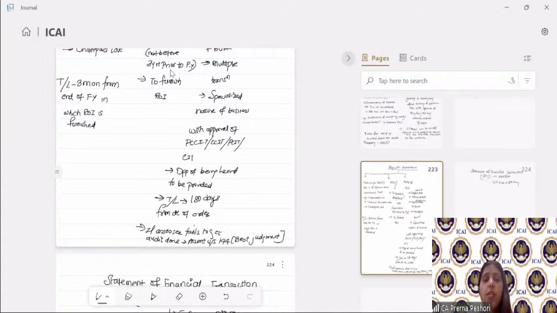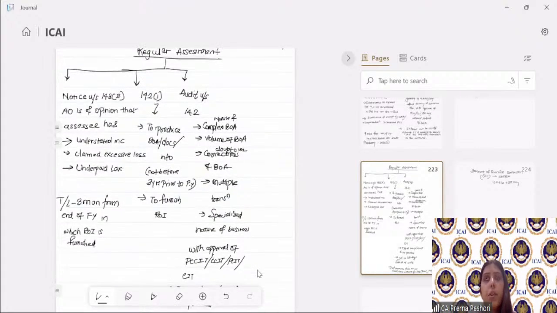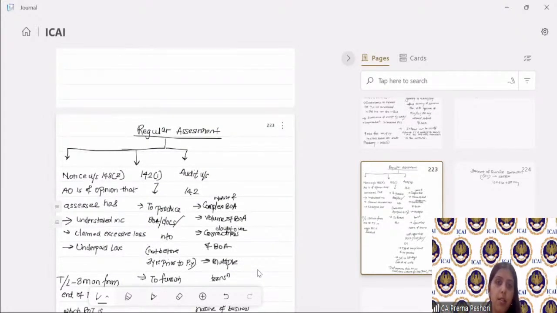What is best judgment assessment? That if the assessee is not cooperating, then the AO can assess the income to the best of his judgment. However, if the CA fails to get the books of accounts audited, if the CA is not auditing, assessee is ready to cooperate, then there will not be assessment under 144. Is that clear? If the CA refused to do the audit, even if the assessee was cooperating, then it will not be under 144.